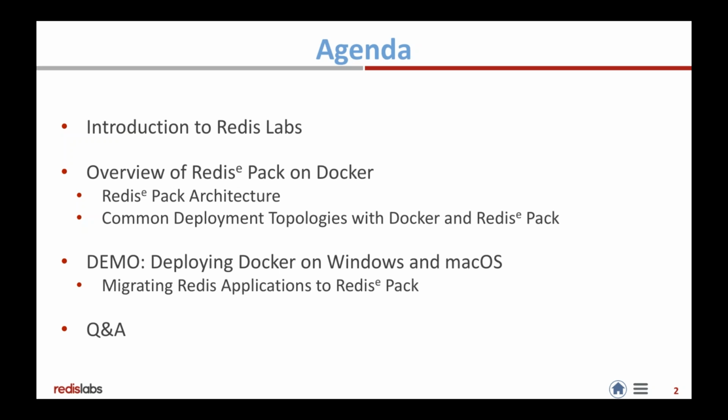I just want to show what our cluster architecture, our node architecture, and our Docker container architecture looks like, so that you're familiar with all of that before we dive into the demos, where I'll actually show you how to take an existing Redis open source application and point to that Redis Enterprise and get it working using Docker. And if you're using Windows or Mac, I'm going to do slightly different versions of the two, so you will get to see the experience on a Windows laptop and a Mac laptop that I have set up here.